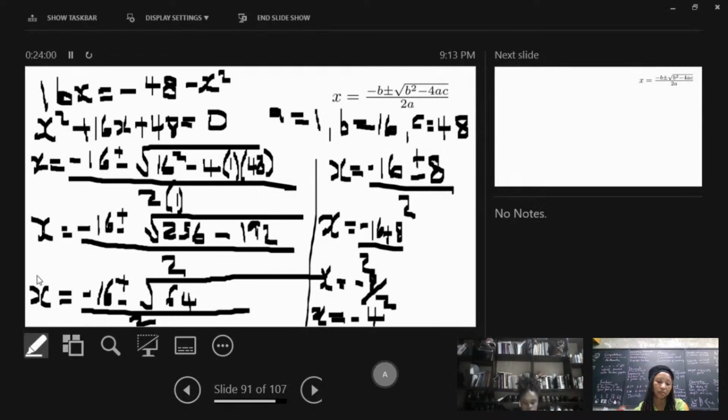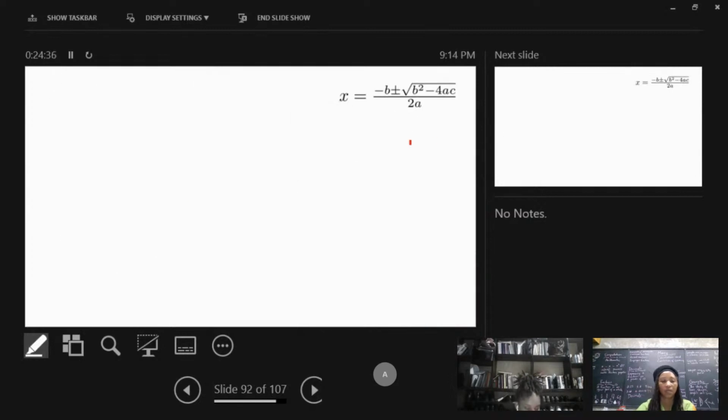X is equal to negative 16 minus 8 over 2, which is negative 24 over 2. X is equal to negative 12. Thank you. John, your second one.